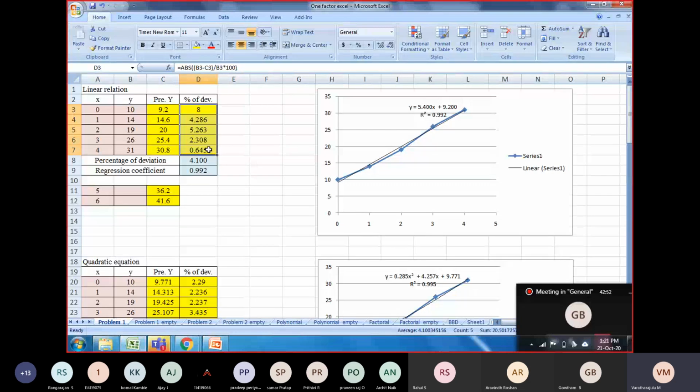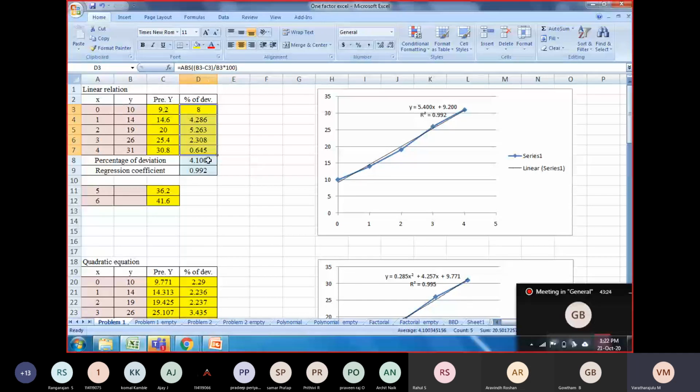That we need to confirm, that we need to cross check with actual minus predicted divided by actual into 100. Here the average percentage deviation is 4.1, which is very negligible.